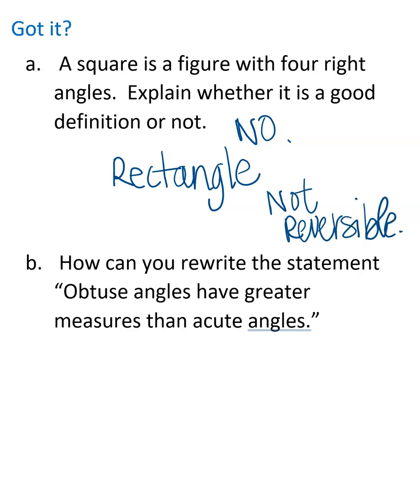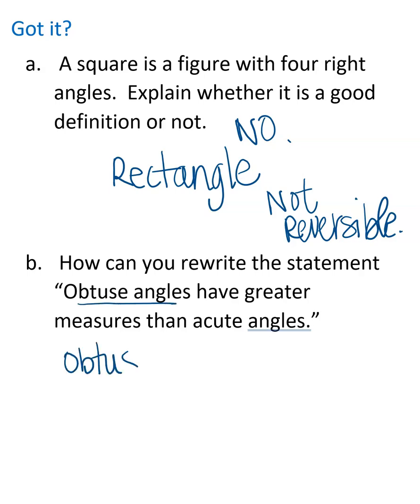How can you rewrite the statement, obtuse angles have greater measures than acute angles? With this one, it's kind of a vague thing. Sometimes when you rewrite, you don't even use all the words. So maybe just define what obtuse angles are.